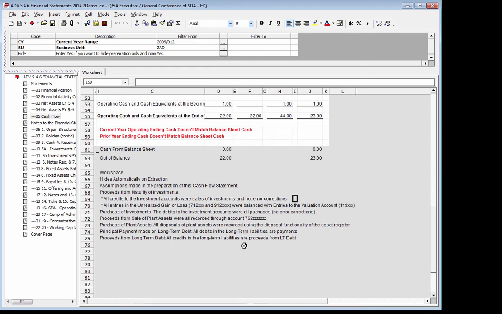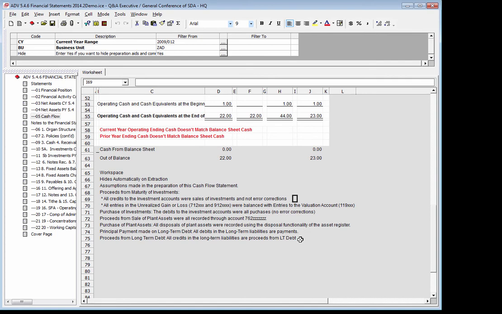The best way to show it is with these last two right here. All credits to long-term liabilities are considered new debt. All debits are considered payments.